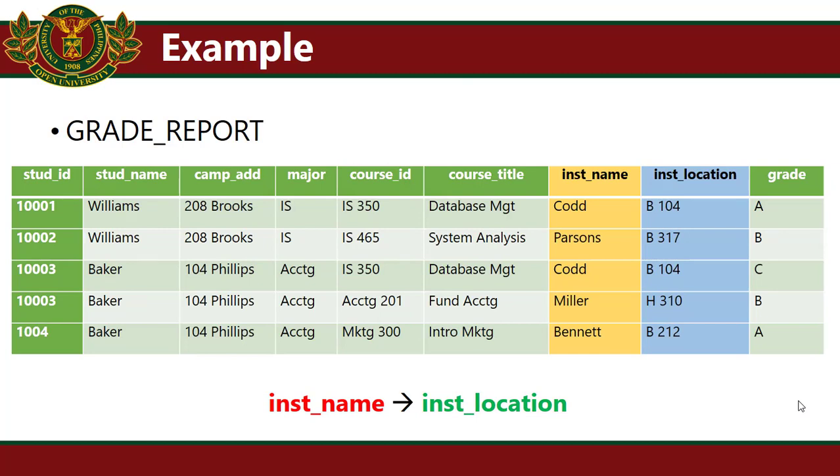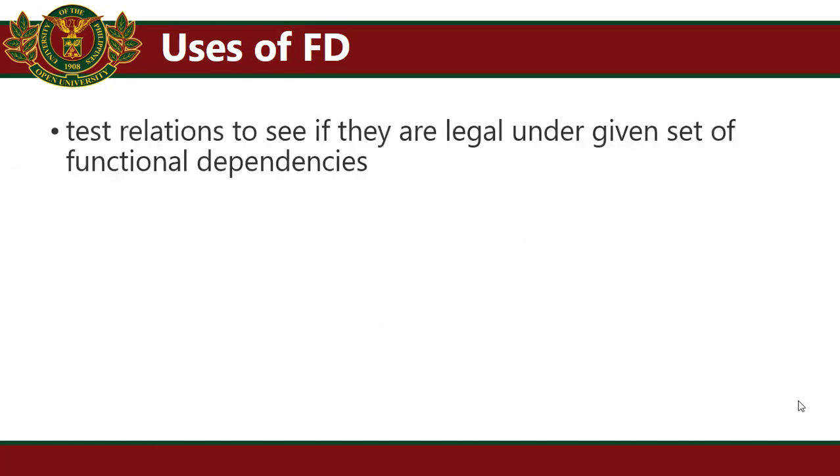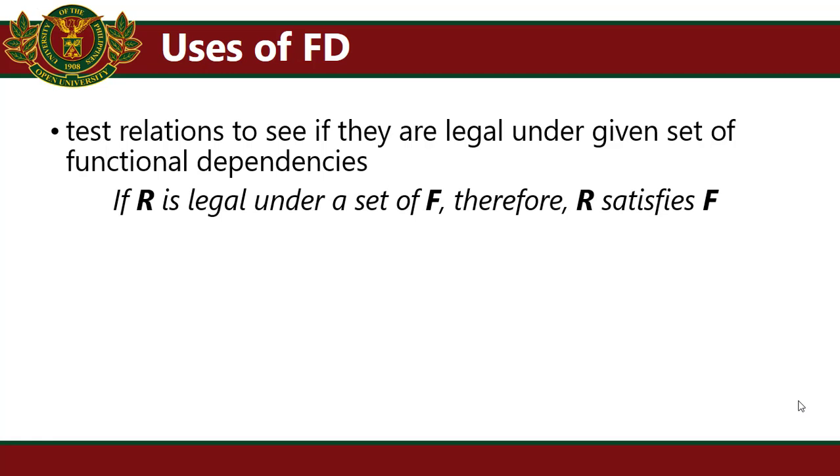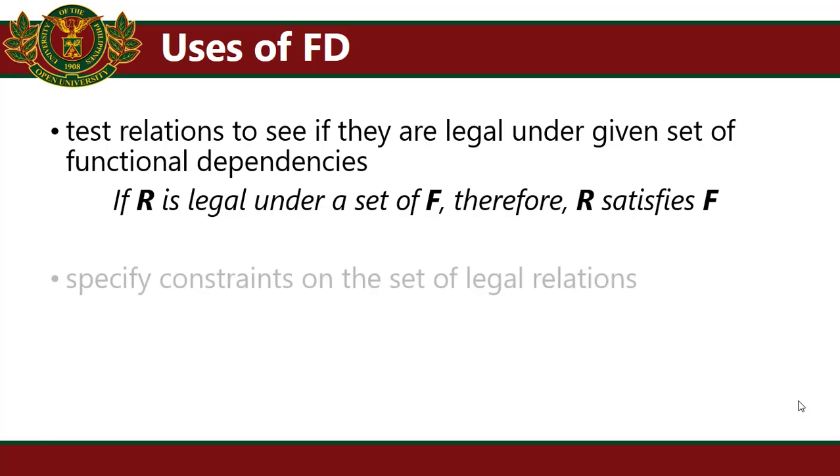By knowing the functional dependencies, we will finally know how to properly apply normalization. We use functional dependencies to test relations to see if they are legal under a given set of functional dependencies. If a relation R is legal under a set F of functional dependencies, we say that R satisfies F. We also use functional dependencies to specify constraints on the set of legal relations.